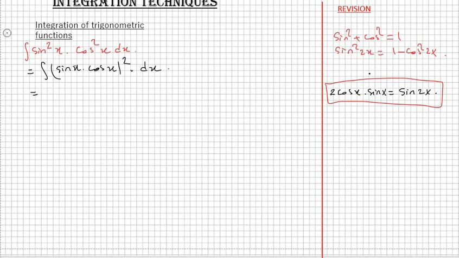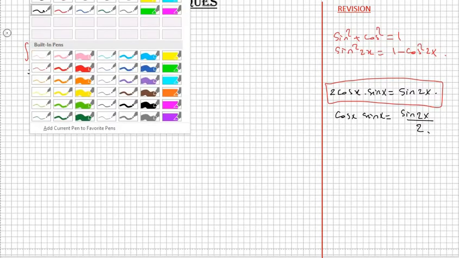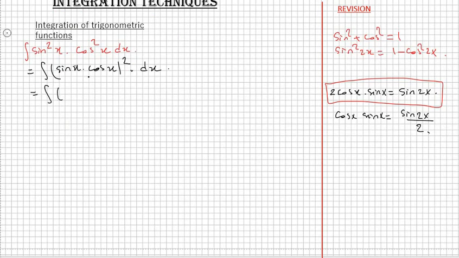So if 2 cos x and sine x is equal to sine 2x, then cos x multiplied by sine x will just be equal to sine 2x divided by 2. So just bring this 2 to the other side and it's gonna divide the right hand side expression. So I have sine 2x over 2 and then square dx.